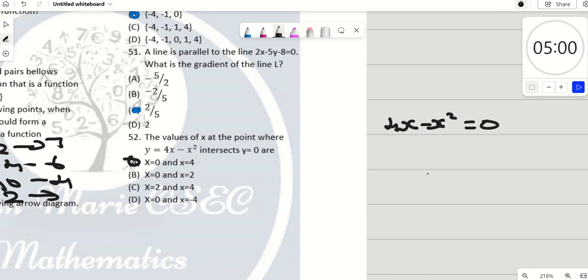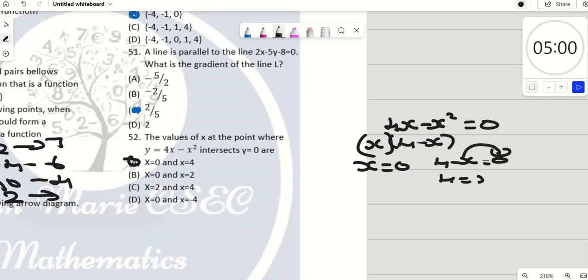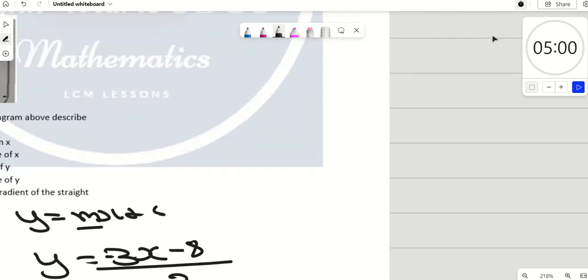So you get x by 4 minus x, right? And we said each bracket is equal to 0. So x is equal to 0. And then 4 minus x is equal to 0. You want positive x, so you carry across positive x. So you get 4 is equal to positive x. So your answer is 0 and 4. So we know that for number 52, it is A.